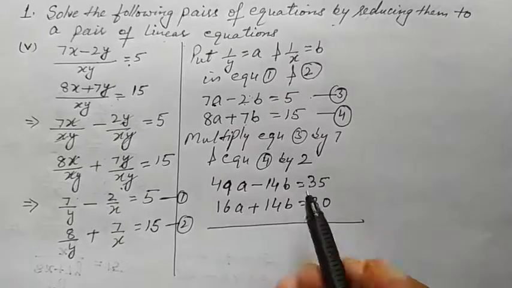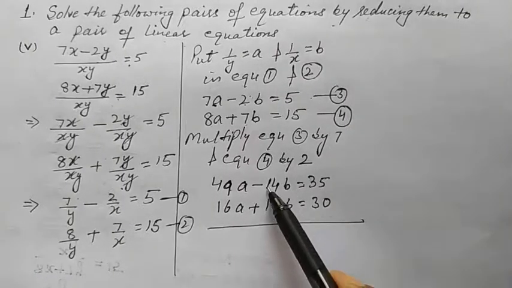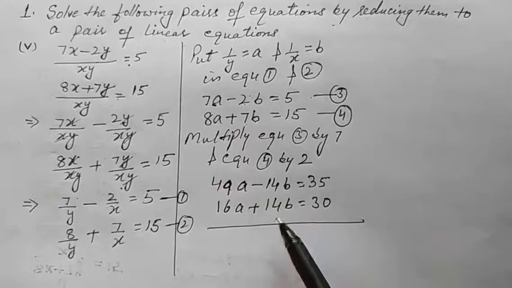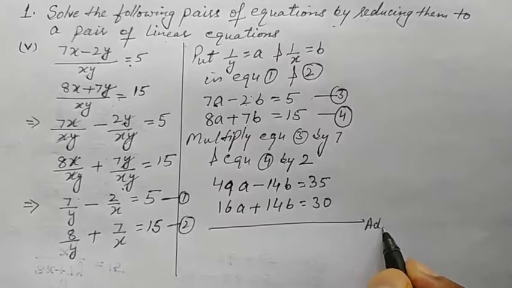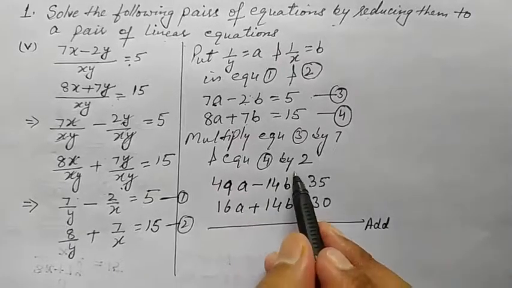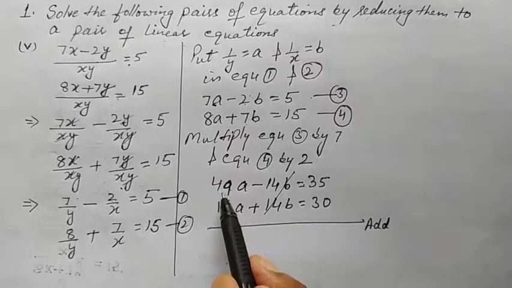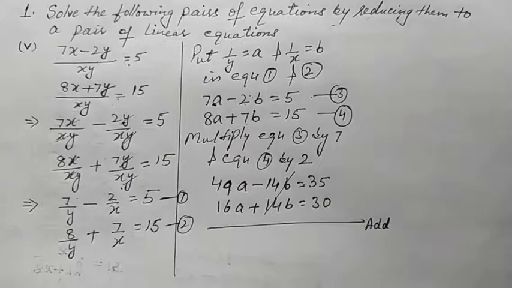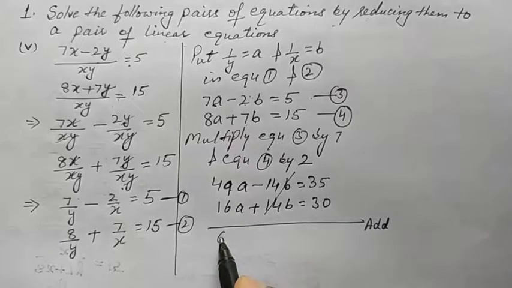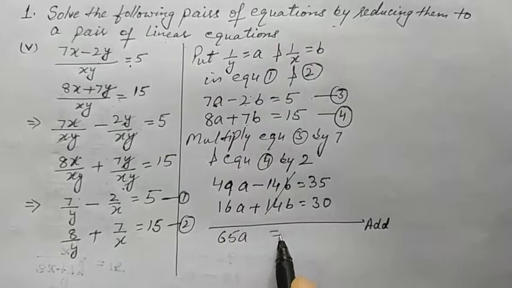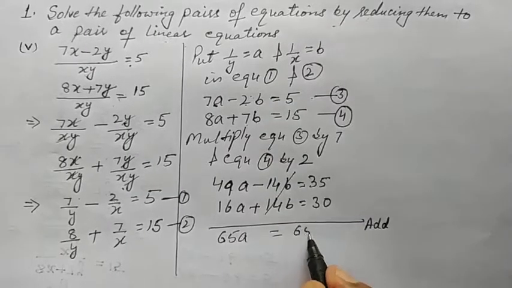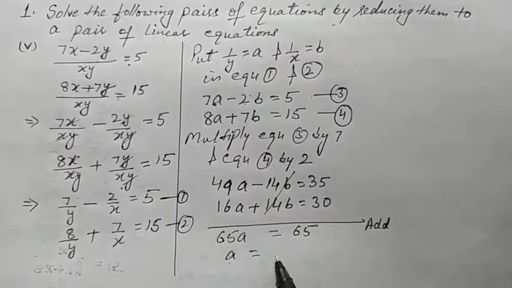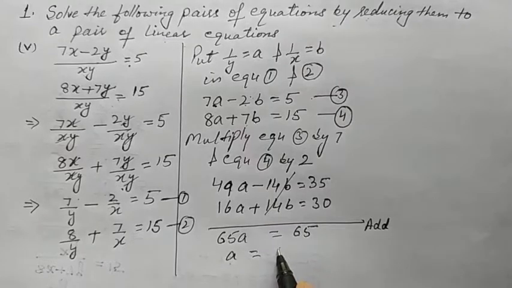Now the coefficient of b is here minus 14, here plus 14, so the signs are different, so we will add these two equations. Adding these, the b terms cancel, and 49a plus 16a becomes 65a is equal to 30 plus 35, which is 65, so a will be 65 over 65, that is 1.